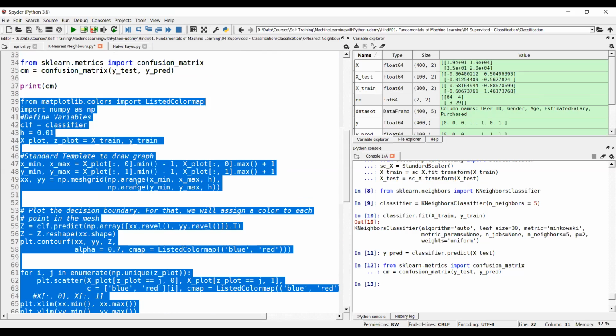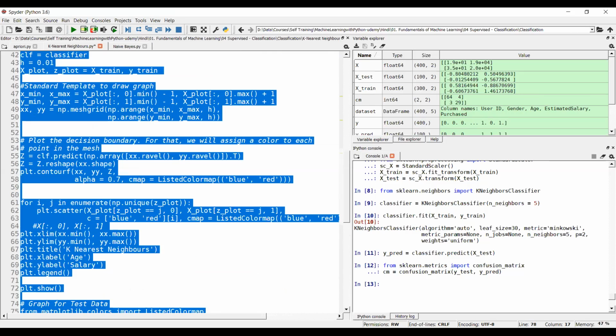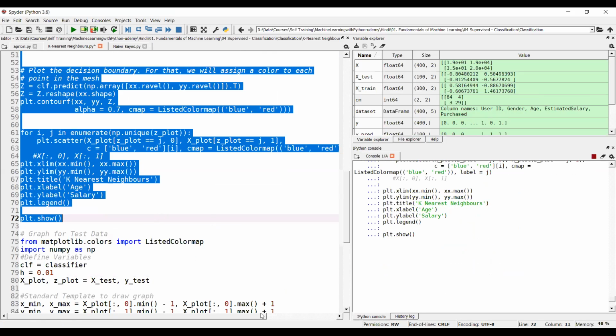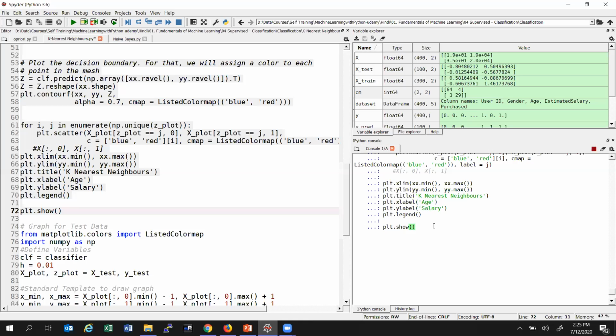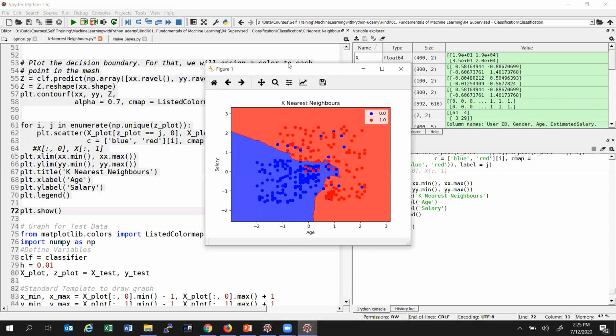This is for the training set because, if you see here, we are assigning x plot and y plot to your x train and y train data. So we'll run this. It is still running.